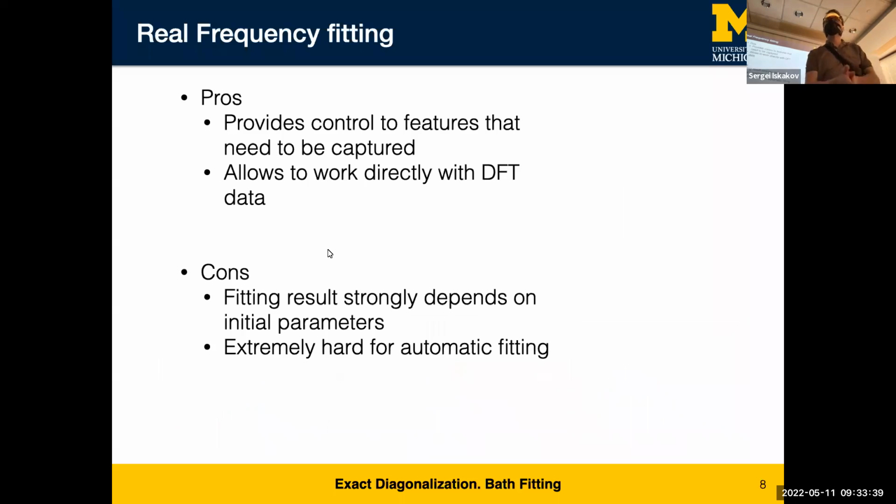Okay, and the pros of the real frequency fit is basically that you have the real frequency data, you can look into it, and you can say, I want to have poles at exactly these locations.